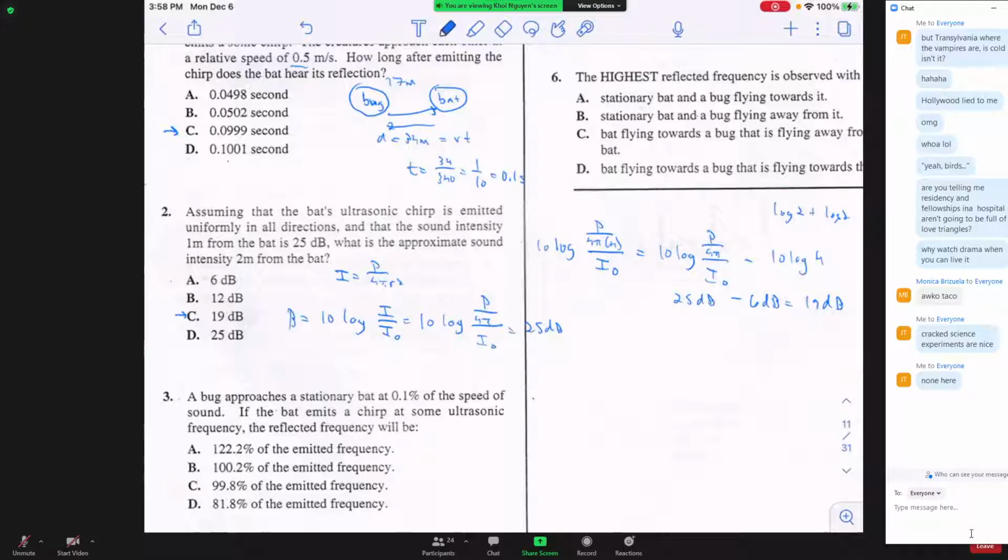If the bat emits a sonic chirp at some ultrasonic frequency, the reflected frequency will be, right? Ultrasonic is above 20,000. So you don't even have to guess; this is going to be really close to the same frequency that was emitted. It's just going to be very little change, because the speed at which the bug approaches the bat is going to be very, very small.